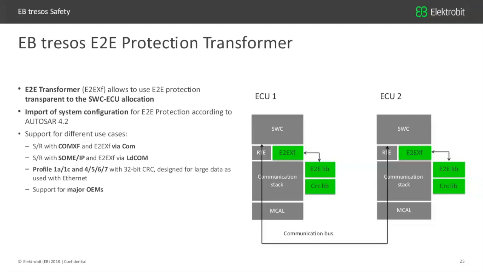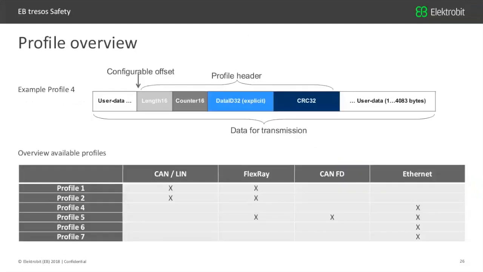We also provide different profiles. So there's one more slide coming up. AUTOSAR defines 7 profiles, which are designed for different communication methods: CAN, FlexRay, CAN-FD, and Ethernet.